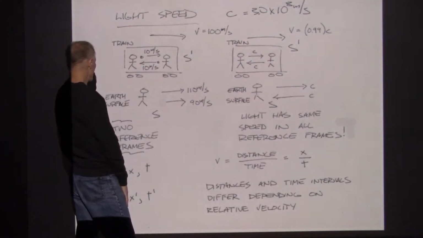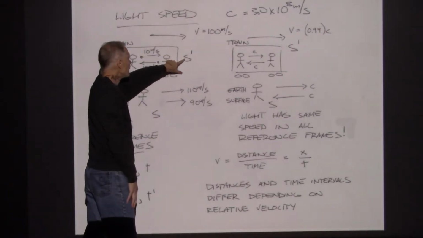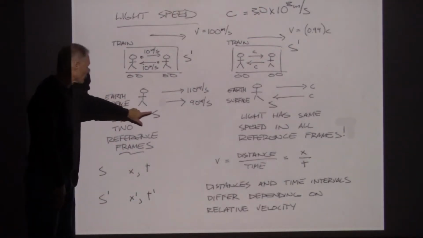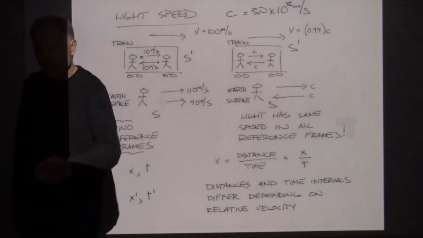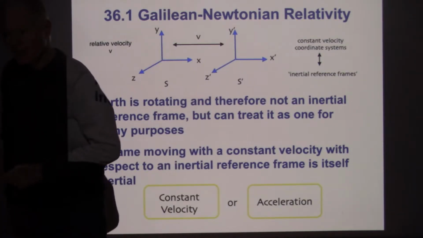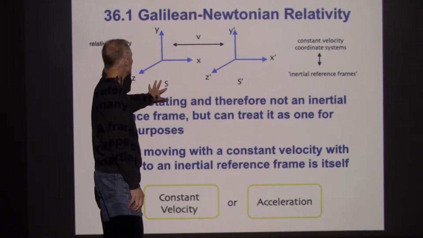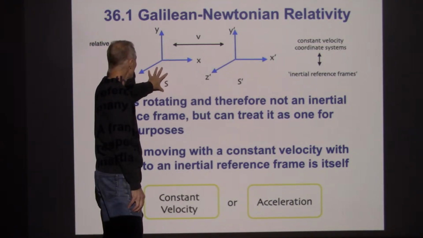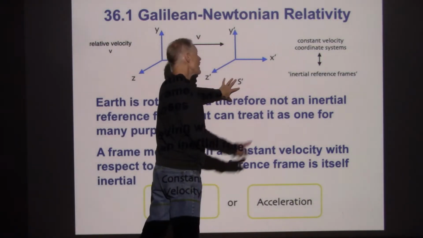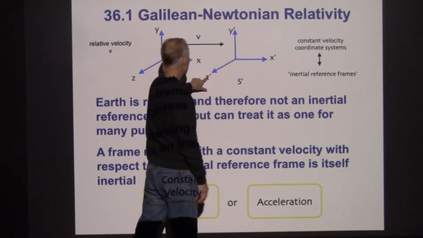So let's see, how have we labeled these? We're calling this reference frame, the train, reference frame S prime, and I guess the Earth's surface is reference frame S. I just thought I would mention this notational stuff, because that gets used in the textbook, and we're going to use that in lecture 2. So here is inertial frame S with coordinate system x, y, z. Here is inertial frame S prime with coordinate system x prime, y prime, z prime.